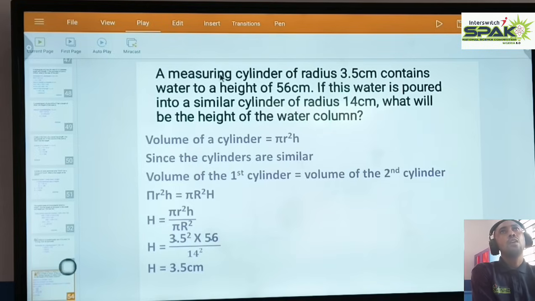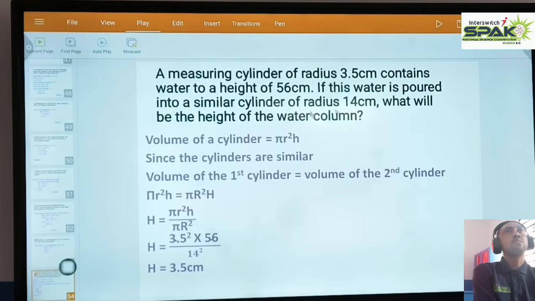Alright, we have a measuring cylinder of radius 3.5 centimeter containing water to a height of 56 centimeter. If this water is poured into a similar cylinder of radius 14 centimeter, what will be the height of the water? Now first, we have two cylinders here.